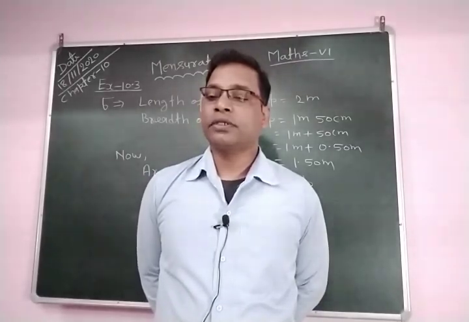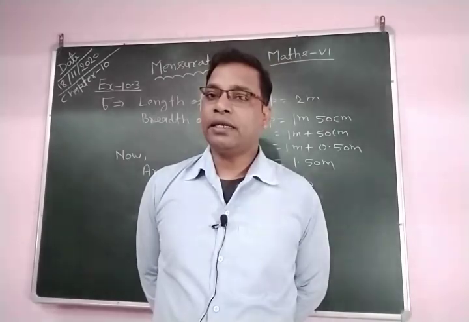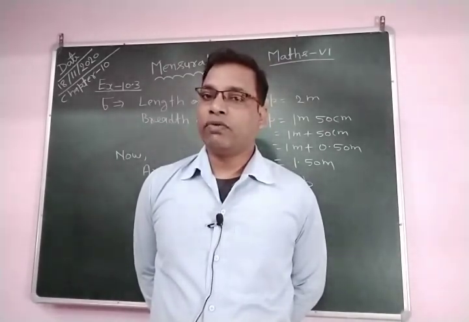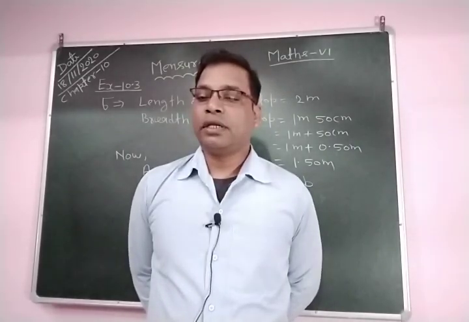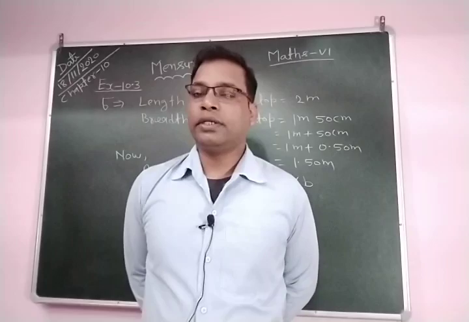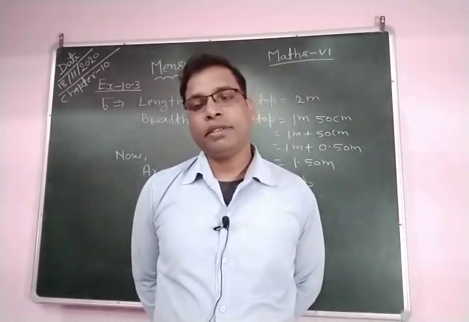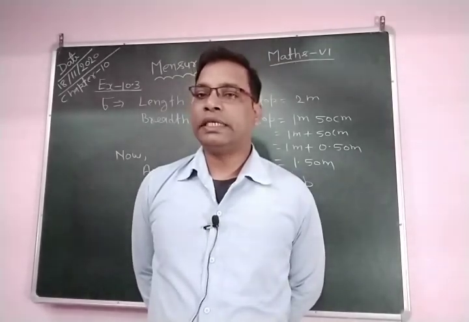So let's see. Because the room is the shape of a rectangle, a rectangular shape, we find the area of floor of the room is equal to length into breadth. Here length is given 4 meter and breadth is given 3 meter 50 centimeters.